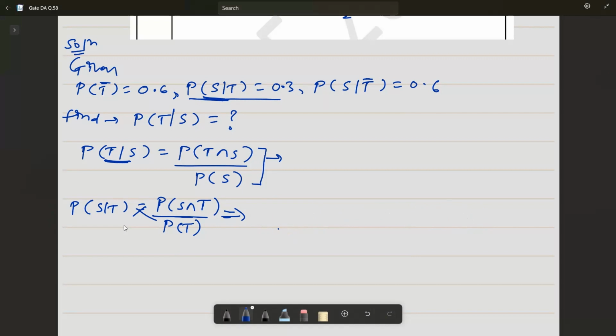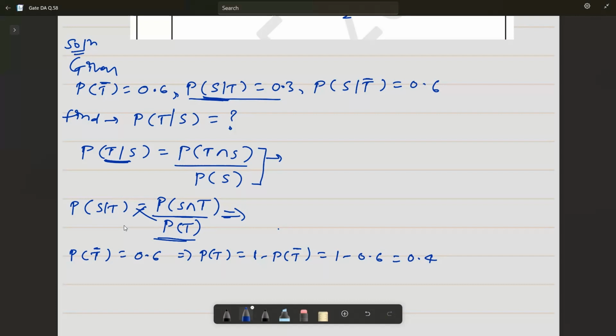So we need to actually find probability of T. We have given probability of T complement is equal to 0.6. So probability of T will be 1 minus probability of T complement, which is 1 minus 0.6, which comes to 0.4.